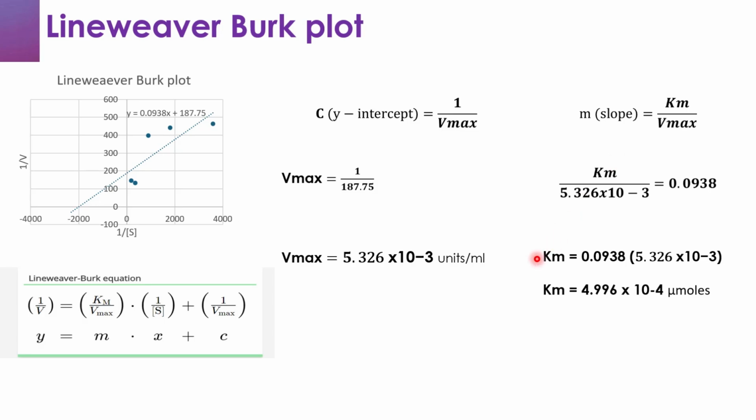So this will be equal to our slope, which is 0.0938, times our V maximum that we obtained over here. And if we calculate this, we will get our Km to be 4.996 times 10 exponent 4 micromoles.